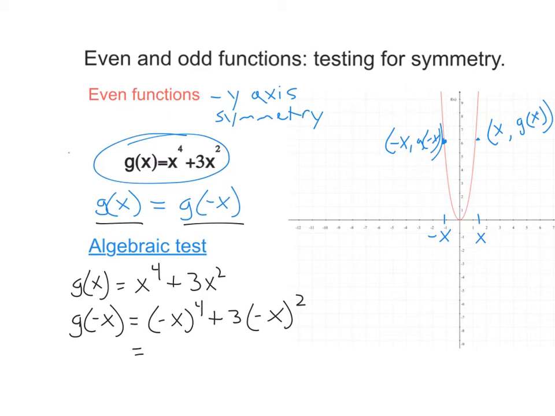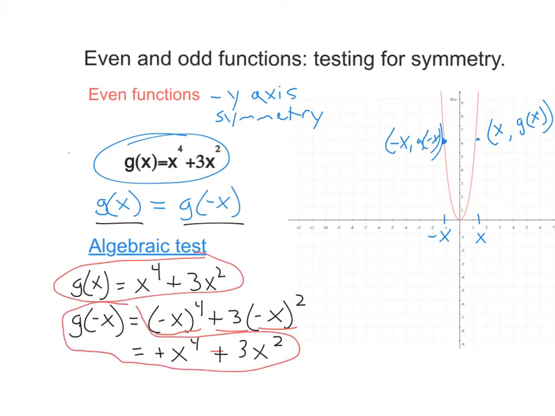So if I take negative x to the 4th power, I'll take negative x times negative x times negative x times negative x. I will get a positive x to the 4th. If I take negative x and square it, I'll have negative x times negative x, which is a positive x squared, times a positive 3 would be a positive 3x squared. So when I compare g of x to g of negative x, the question is, are they exactly the same?